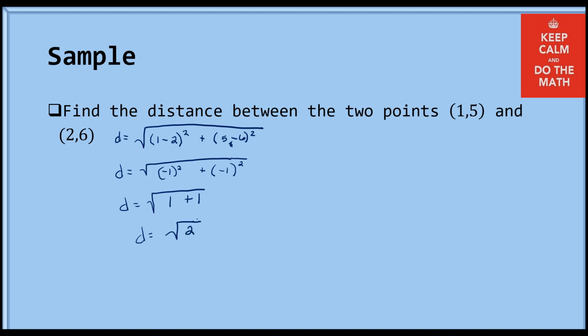Unless the problem specifically tells you to round a particular answer off, you want to leave it in radical form, so the answer would simply be square root 2.